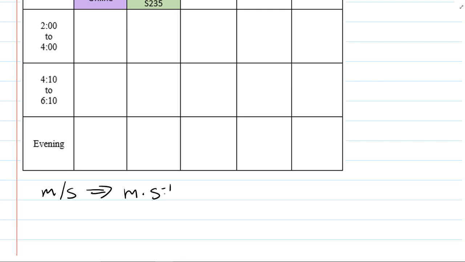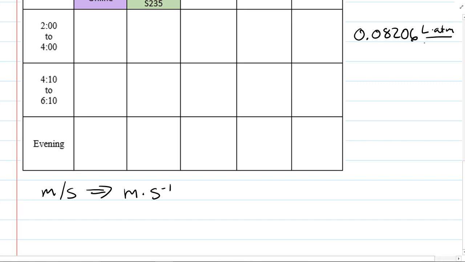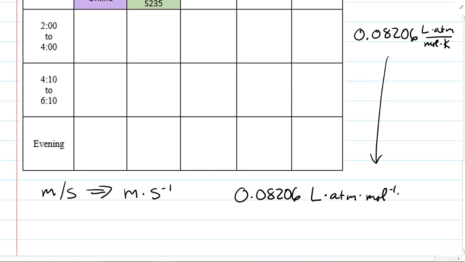And so if we had something like the units for the gas constant, which was 0.08206, units were liter atmospheres per mole dot K. If we were to write this using the International Convention, we'd write it as 0.08206, then we'd write it as, there you go.